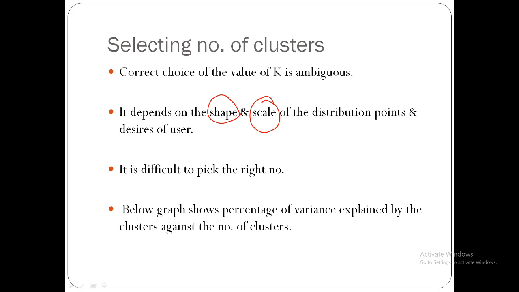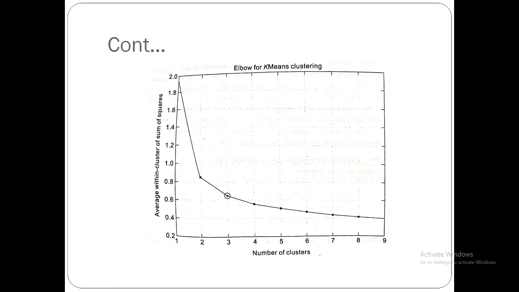It is very heuristic to pick the right number. One can graph the percentage of variance explained by the clusters against the number of clusters. The first clusters will add more information, but at some point the marginal gain in variance will fall, giving a sharp angle in the graph, looking like an elbow.